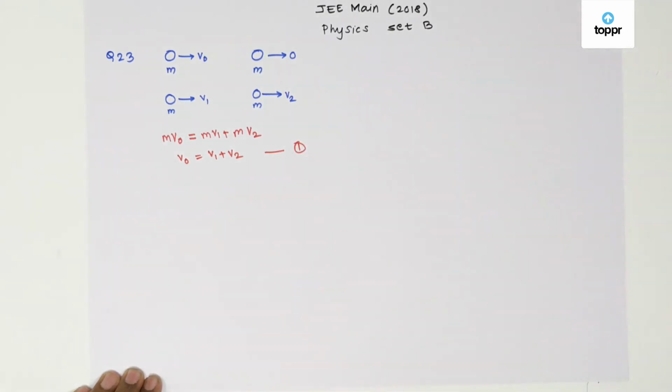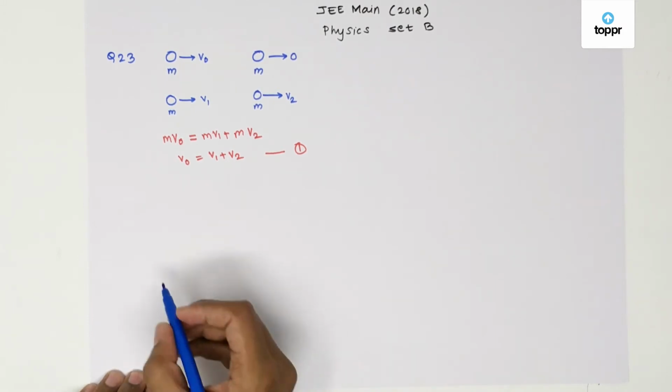Now we can also apply kinetic energy conservation, but be careful for applying kinetic energy conservation. They've given us a specific condition that the final kinetic energy is 50% greater than the initial kinetic energy, I mean not 1.5 times.